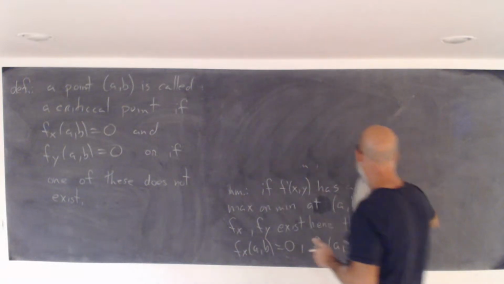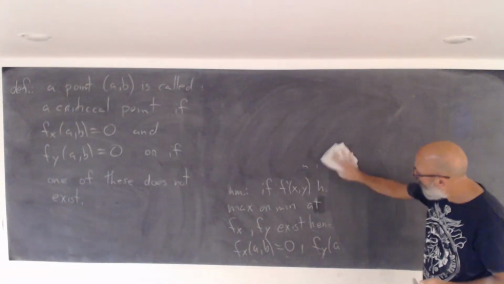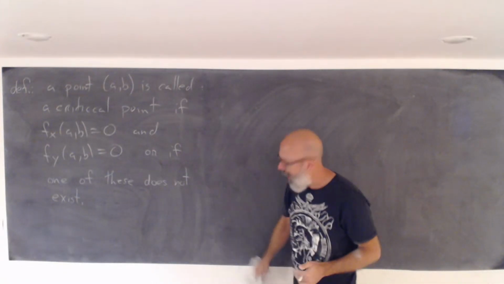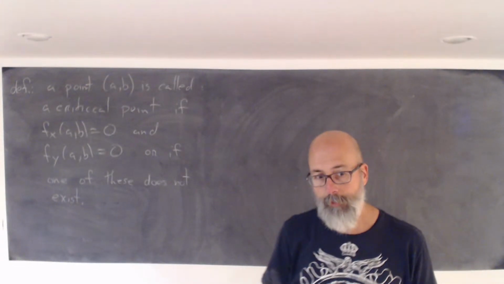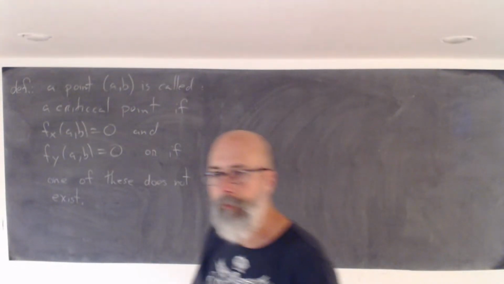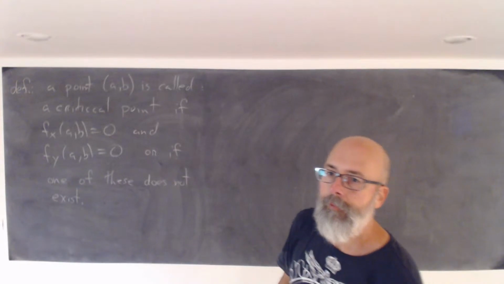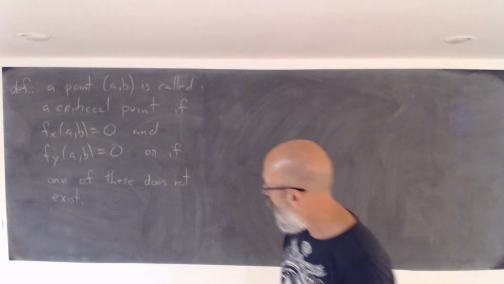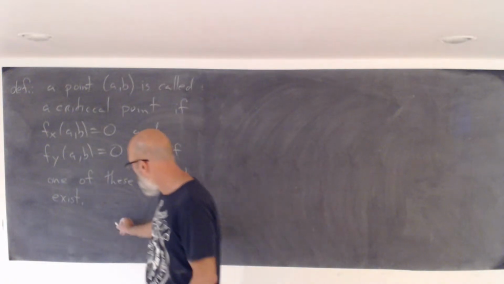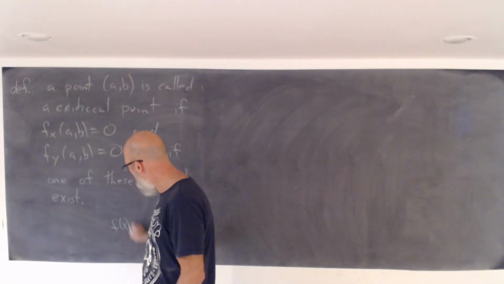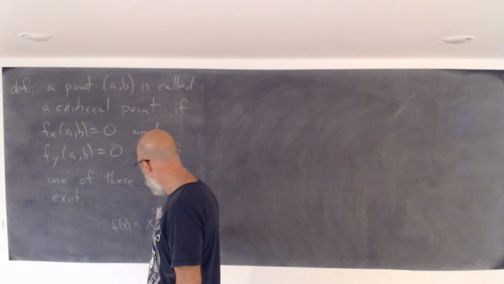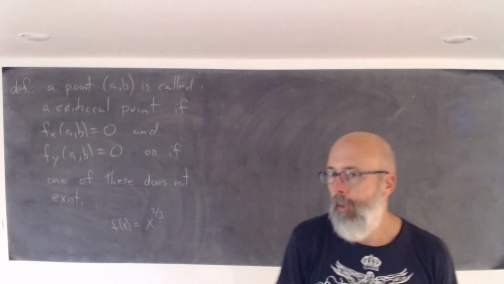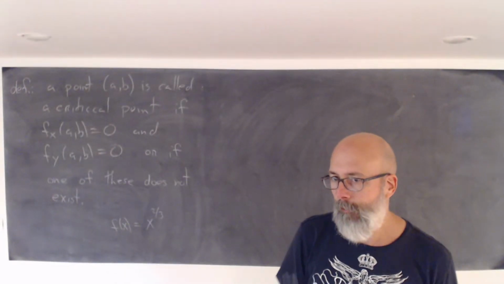But again, if you're using a different book, they may have a different definition. How could the derivative not exist? You know exactly how. Just take the Cal 1 example, x to the 2/3. This function is continuous everywhere, but the derivative does not exist at 0.